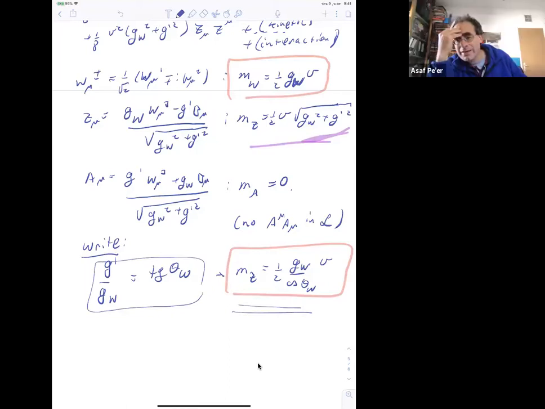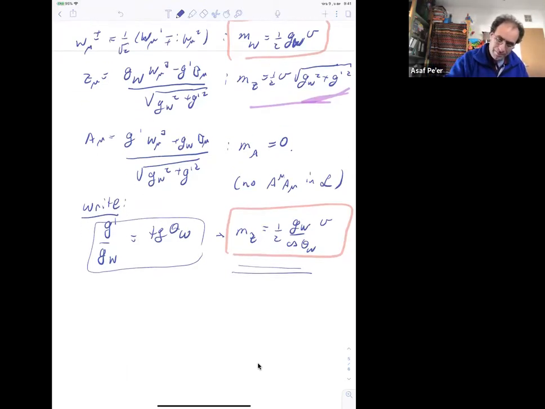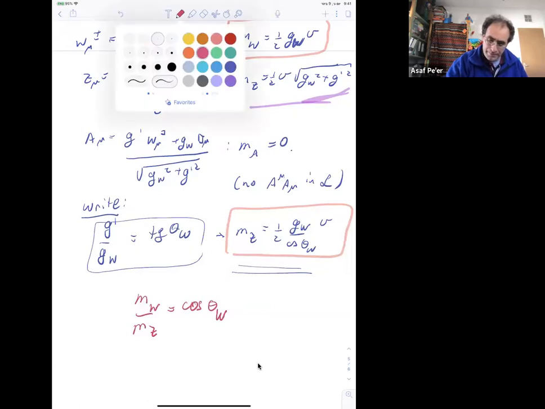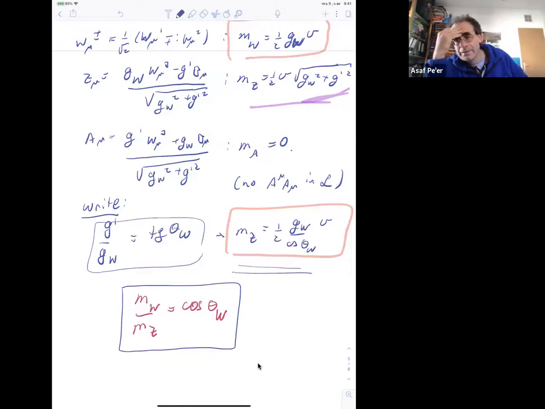We don't know the exact masses because we don't know what V is, and we don't know the coupling constant G weak. But we do know that M of the W divided by M of the Z is cosine theta weak. It's quite amazing.